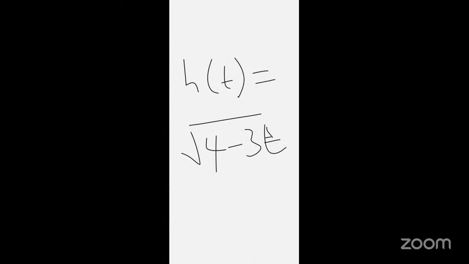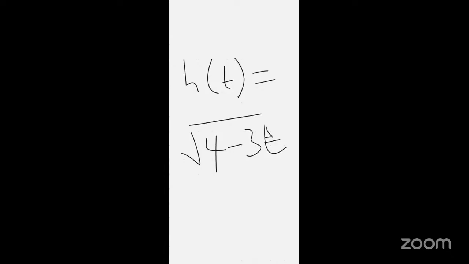If your t is equal to 1, for example, you have 4 minus 3, that will be 1, and that will give us a positive square root. Or if your t, for example, is 2, that will be 3 times 2, which is 6. 4 minus 6 will give us minus 2. It's going to give us a square root of a negative number, and that would be a complex number, which is not in the domain.